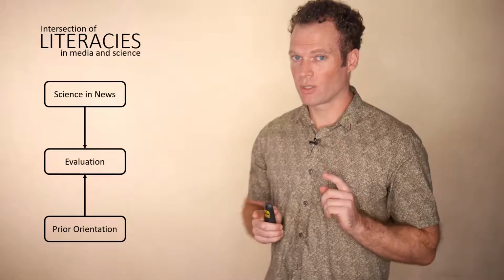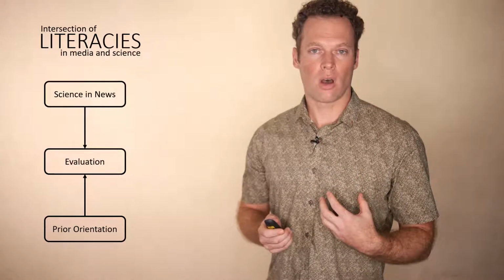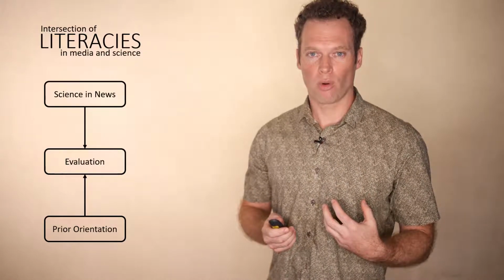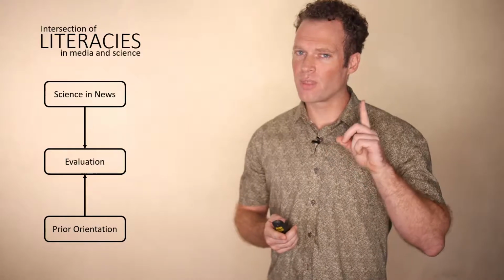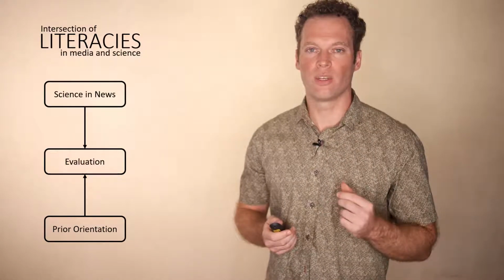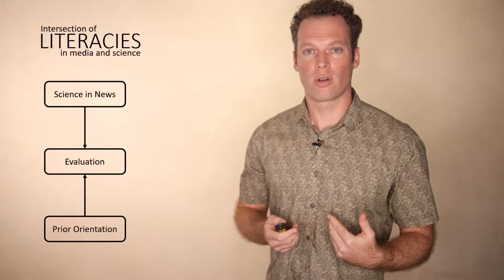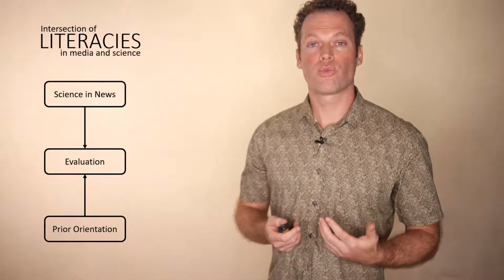Ideally, when people encounter science in the news, they will reflect on their prior understanding, their prior orientation, and think about how this new information they're encountering in the news relates with what they already know, taking a more critical stance.